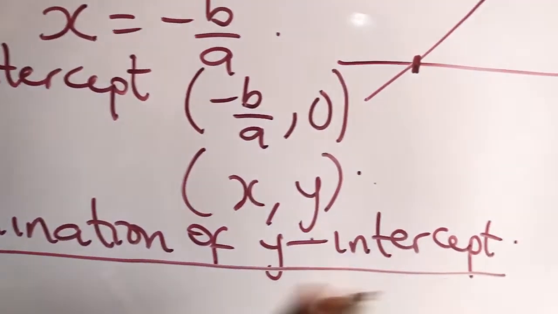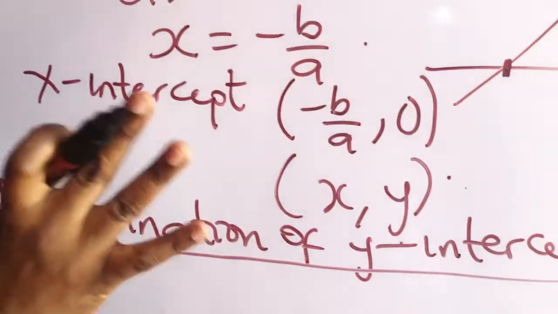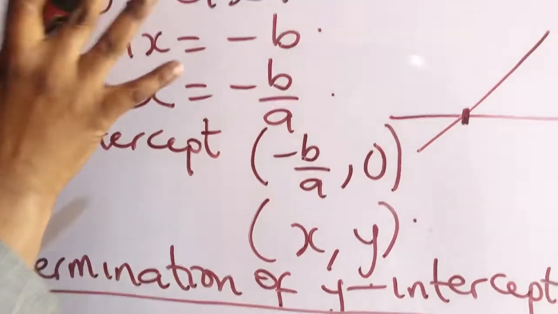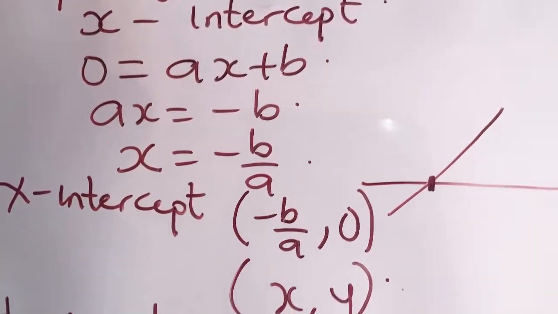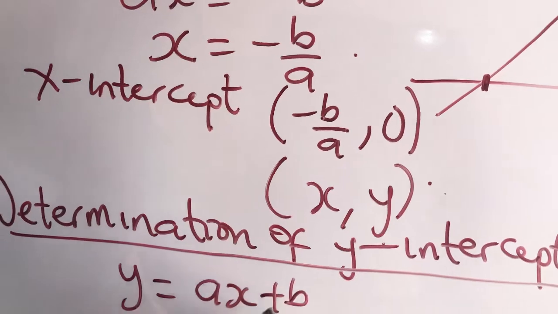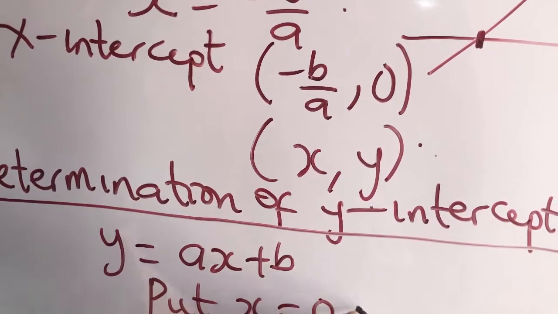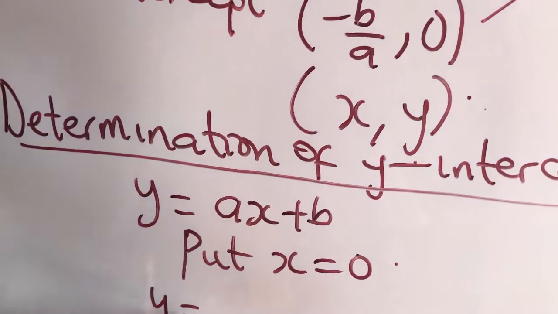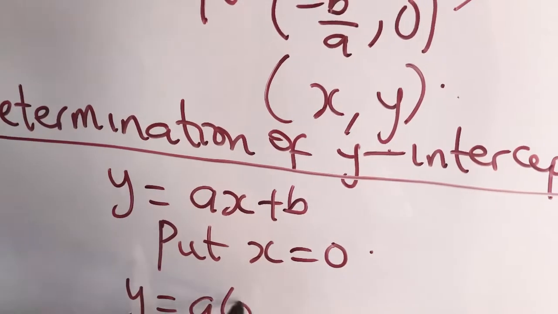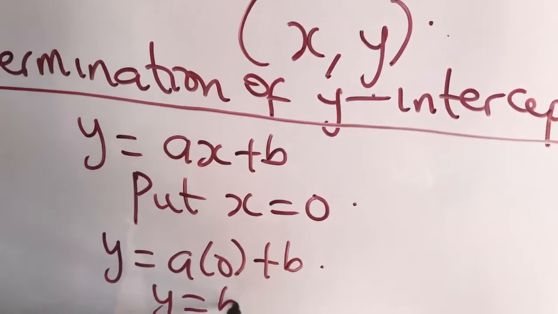So, also, if you want to determine the y-intercept of a polynomial of degree 1, you put x equal to 0. y is equal to ax plus b. Put x equal to 0, then solve. y is equal to a multiplied by 0 plus b, so y is equal to b.